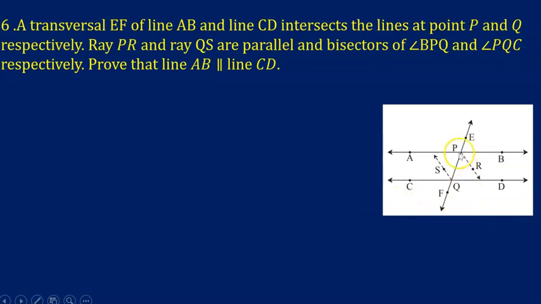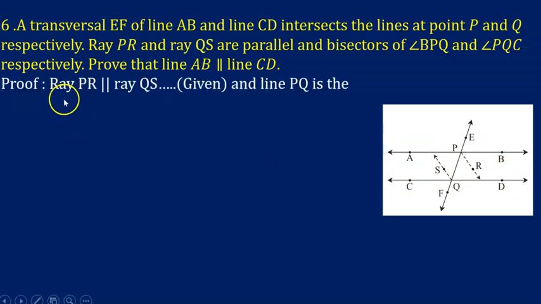It intersects at the points P and Q. Ray PR and ray QS are parallel and are bisectors of angle BPQ and angle PQC. Ray PR and QS, these two rays are parallel as well as they are the bisectors of angle BPQ and angle PQC. Then prove that line AB is parallel to line CD.